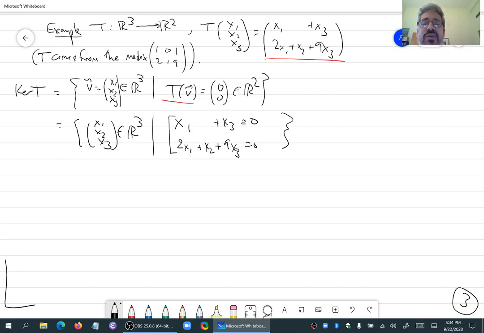And we saw before, as a warm-up, that this is an intersection of hyperplanes, the first hyperplane being given by x1 plus x3 equals 0, and the second 2x1 plus x2 plus 9x3 equals 0. And if I can draw a picture, well, this is in R3, so it looks like that. So the top plane here is the solutions to x1 plus x3 equals 0. The origin is here. You must always indicate the origin, I think. 2x1 plus x2 plus 9x3 equals 0 is the second.